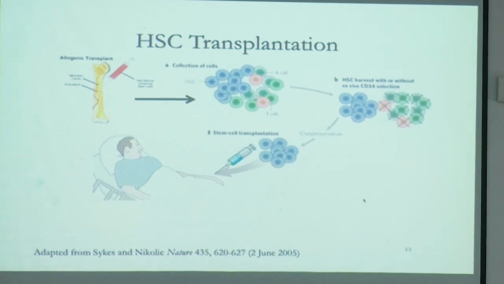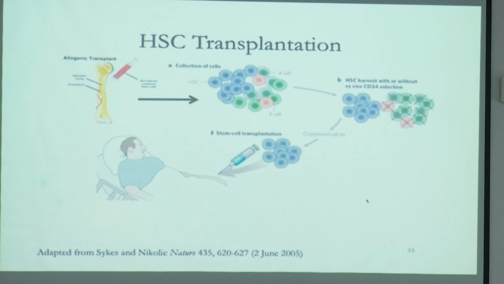Now we transplant only the stem cells, not the whole bone marrow. Because we are transplanting only the stem cells, the chances of graft versus host disease are reduced. Understood? Earlier, because we were transplanting the bone marrow as a whole, the chances of reaction were much more.